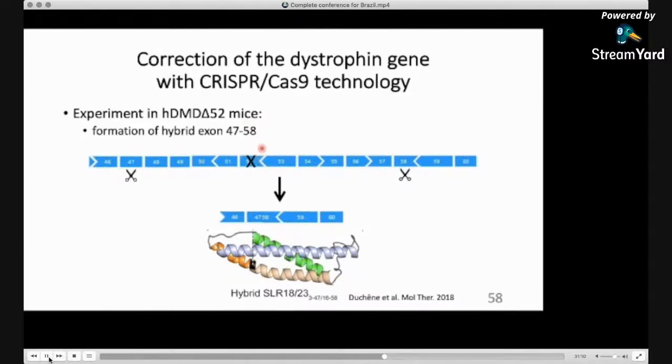We have thus used the CRISPR-Cas9 technology to induce a cut in exon 47 and a cut in exon 58, producing the hybrid exon 47-58, resulting in the production of a dystrophin protein containing a hybrid exon, hybrid helix B.